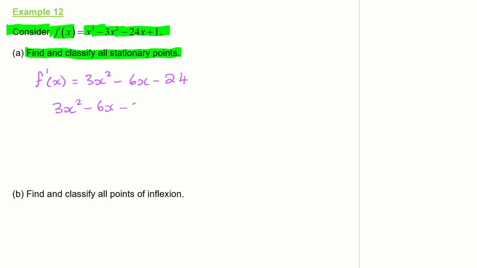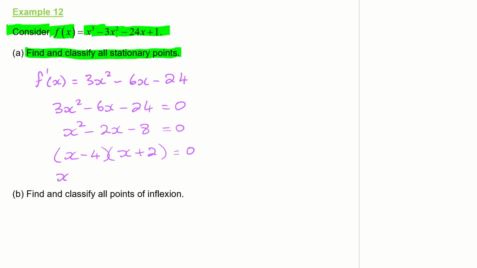minus 6x minus 24 is equal to 0, giving us x squared minus 2x minus 8 is equal to 0. And we can factorize that, and we get (x minus 4)(x plus 2).